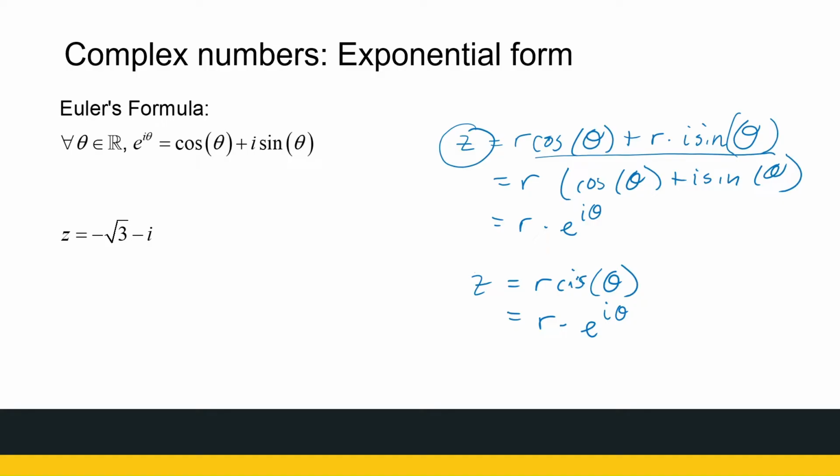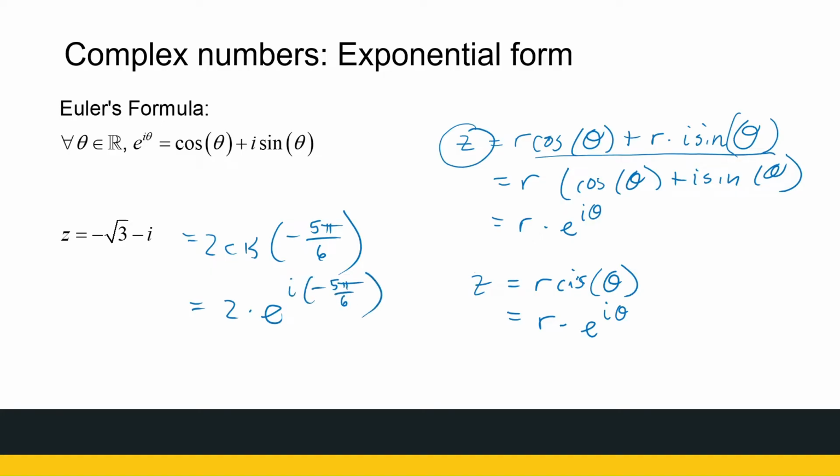So if I've got z in rectangular form, minus root 3 minus i, now we've already seen in polar form, that gives me 2 cis minus 5 pi over 6. So in exponential form, that will be 2 times e to the power i times minus 5 pi over 6.